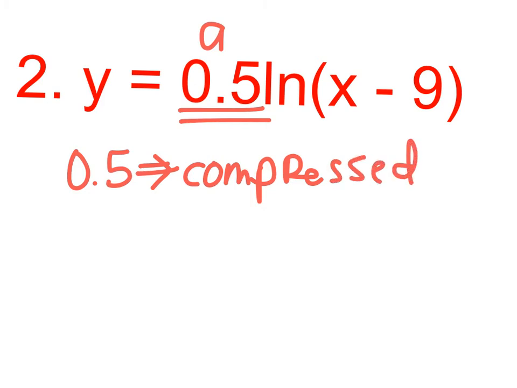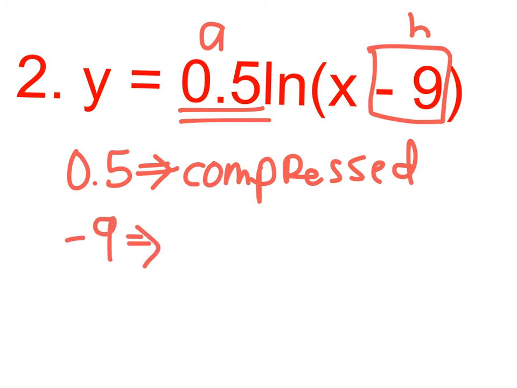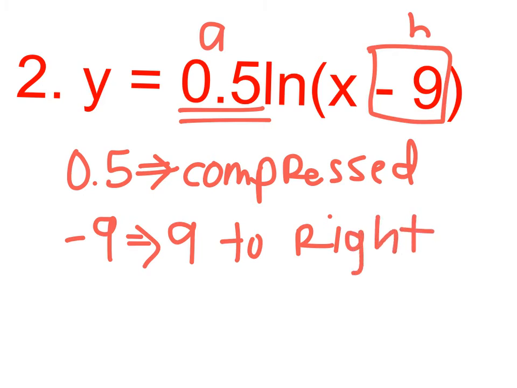The next thing I notice is inside the parentheses, we have our h value, which is negative 9. So the negative 9 tells me it's going to go 9 in the positive direction. Remember, this is the one where you change the sign. So this is going to move 9 to the right. And those are all of your transformations for number 2.